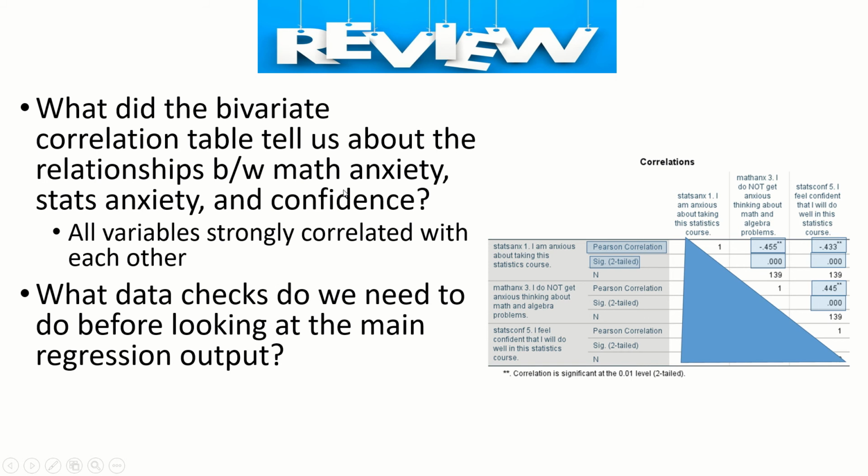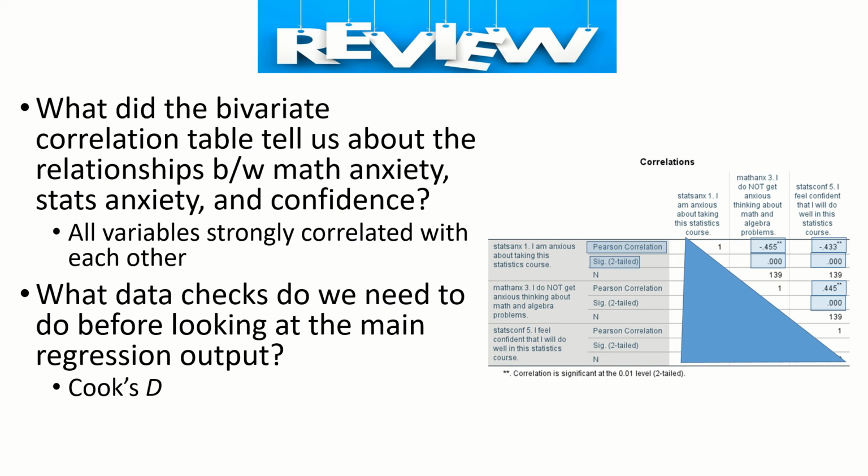And so what data checks do we need to do before we look at the main regression output? First, and I should have really changed this in the last video, we need to check Cook's D, right? Just like for ANOVA, we need to check Cook's D values first, and then we can do the other data checks.